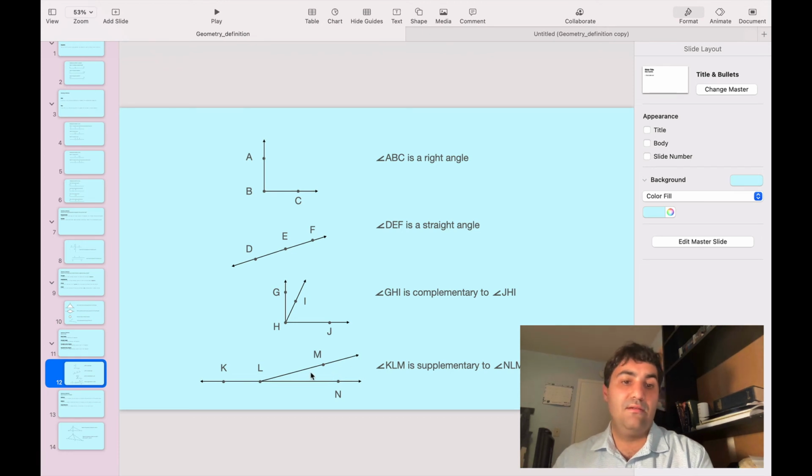Again, I don't know what the actual measures of these two angles are, but if you take the sum of the measures of these two angles, you would get 180 degrees. Why? Because this is a straight line. When you join these angles together, you get a straight angle. So we can say that KLM is supplementary to angle NLM.